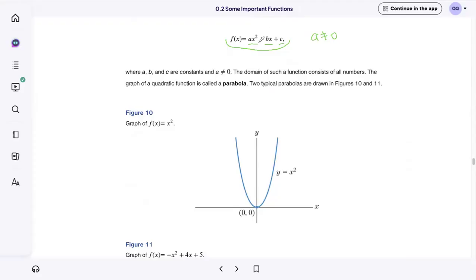We need x squared to appear. So that means A cannot be 0. So it's a parabola, right? If A is greater than 0, we have an upward parabola. If A is less than 0, where A is the number before x squared, it's a downward parabola.